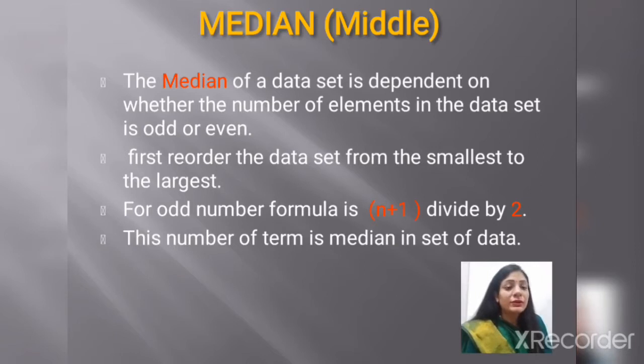First, record the data set from the smallest to the largest, which means we arrange all elements of the data set in increasing order. And for odd numbers, the formula is n plus 1 divided by 2. This term number is the median of the set of data.